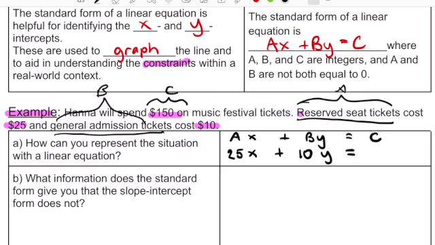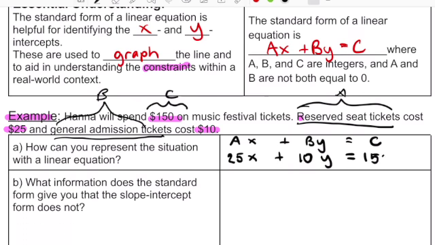Y, and then $150 for the total amount she will need to spend. And there's our standard form.